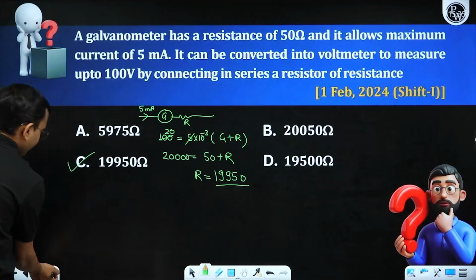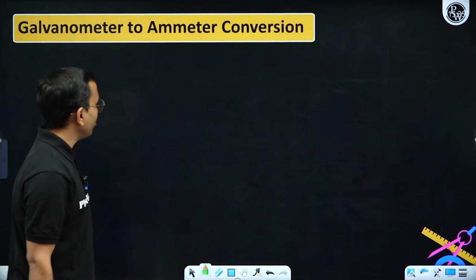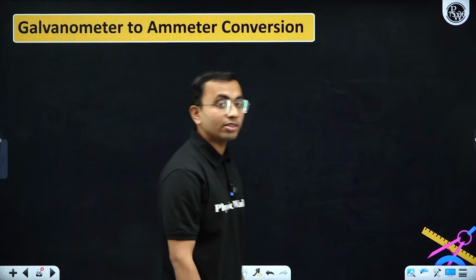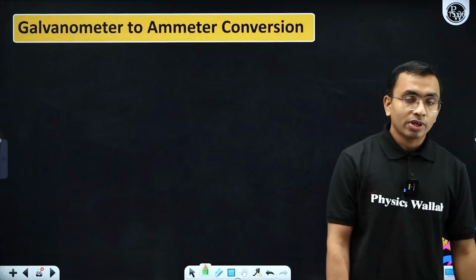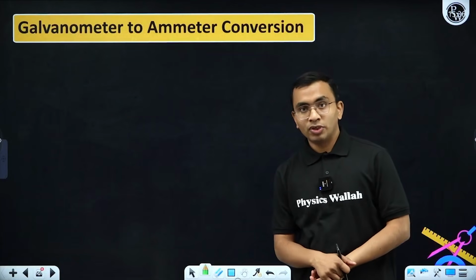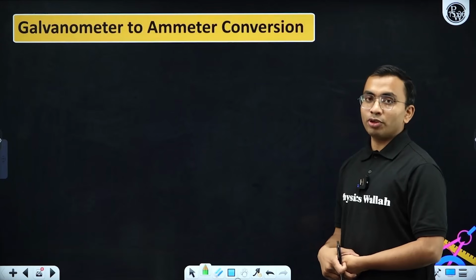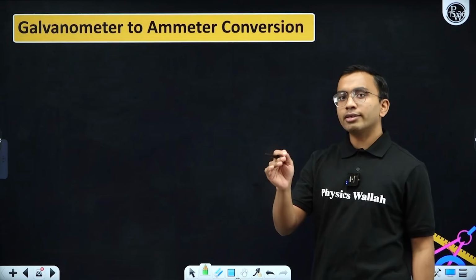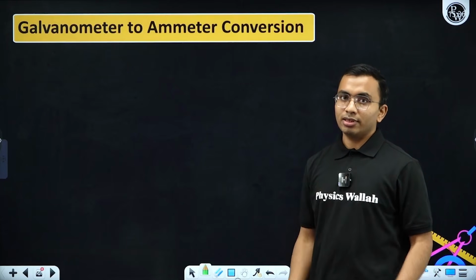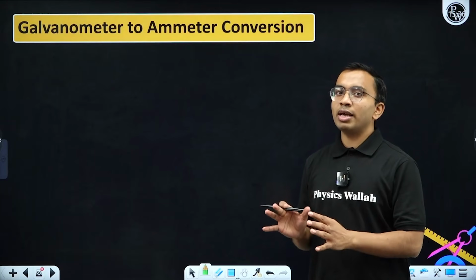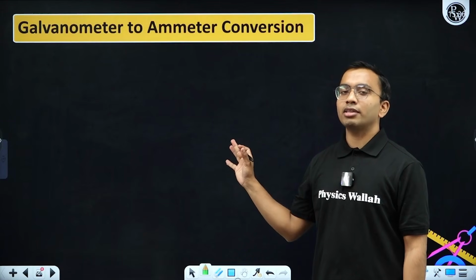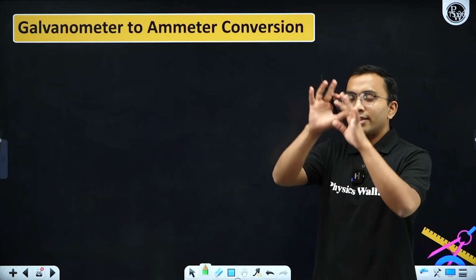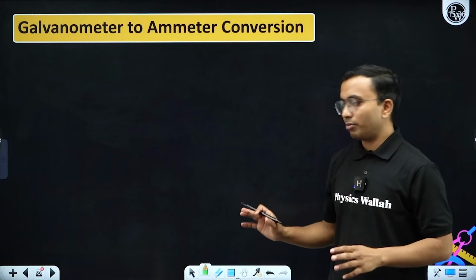Okay, moving ahead, galvanometer to ammeter. Now an ideal ammeter means the resistance is very small. The galvanometer has some resistance of a few ohms, 50 ohm, 15 ohm, 20 ohm, like that. So what we need to do is connect a very small resistance in parallel, such that it is converted to an ammeter and the effective resistance becomes less.